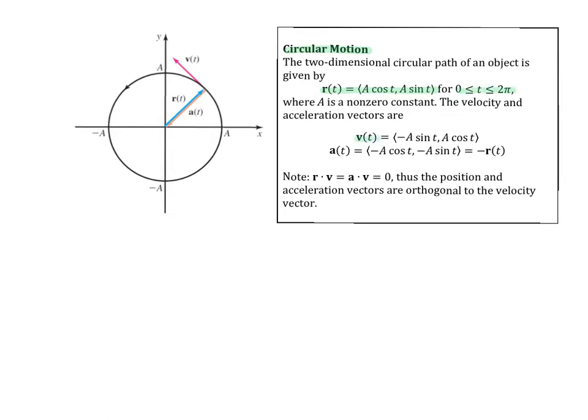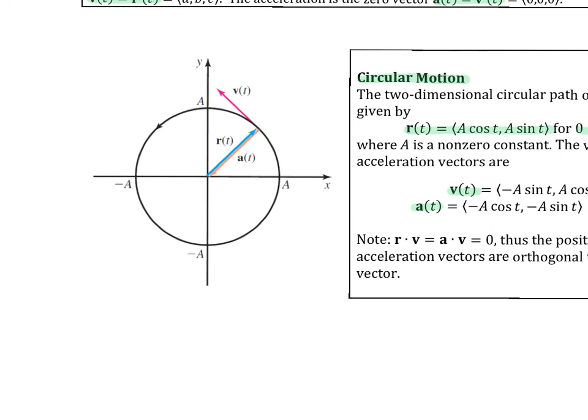Velocity is going to be the derivative of r, and acceleration is the derivative of velocity. So it turns out that in a circular path, your acceleration is going to actually be the negative of the position function. And that's what's in this diagram here. So if you take your position vector, and again, the tail is at the origin, so the head is going to give you points on your circular path.